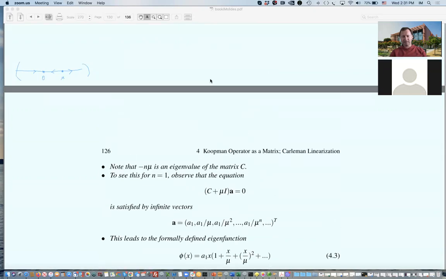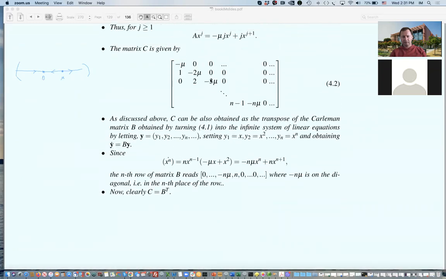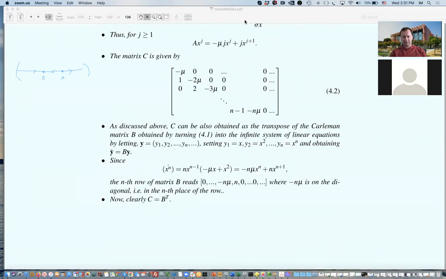So let's look at C in the first row. So we get something like minus mu times A1. So I'm multiplying this C with this vector that in the first two positions has A1 and A1 over mu.